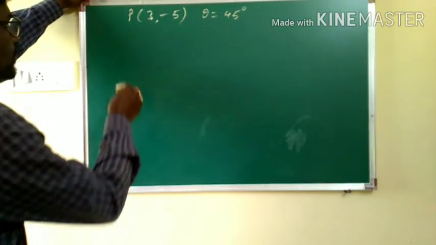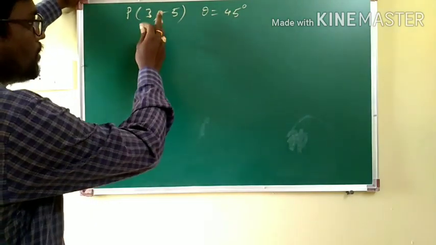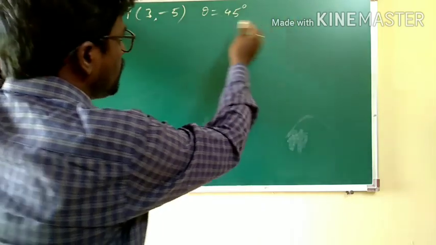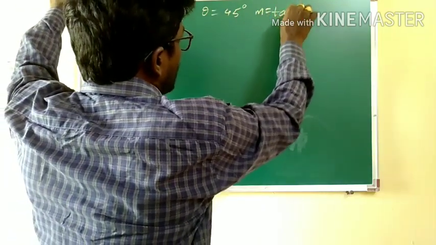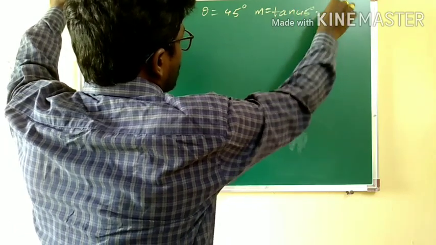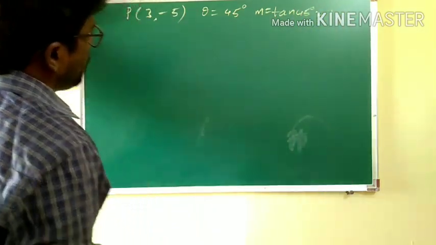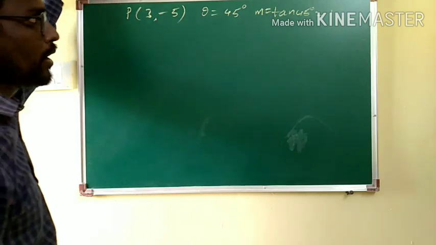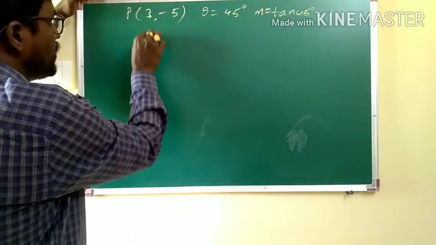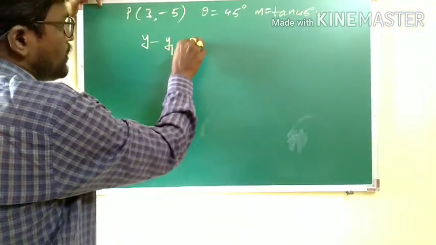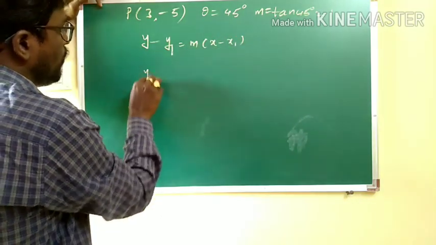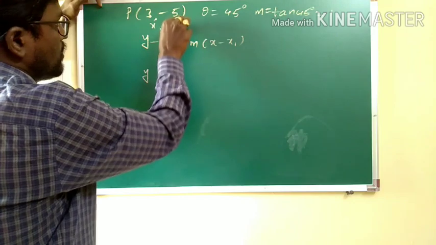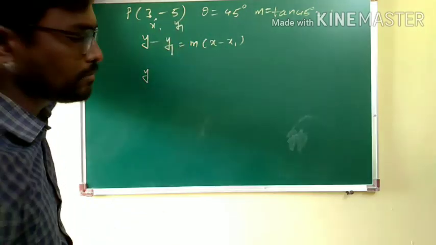What is the line equation when you are given a point and slope? If theta is equal to 45, what is the slope? m is equal to tan 45. What is the value of tan 45? It is 1. When you are given a point and slope, the equation of the line is y minus y1 is equal to m into (x minus x1). Consider the given point as (x1, y1).